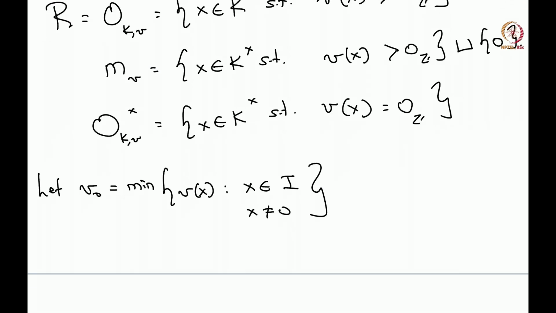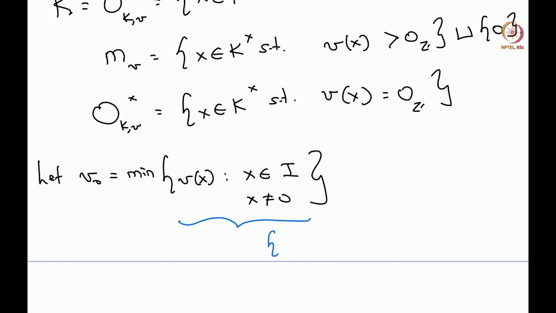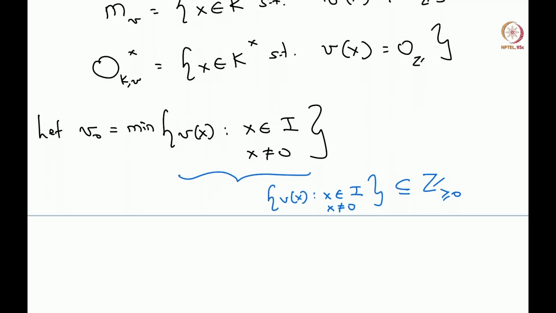Which means that this set of valuations, a priori a subset of Z, is actually a subset of the non-negative integers. Since you're working with a subset of non-negative integers, such a minimum always exists.